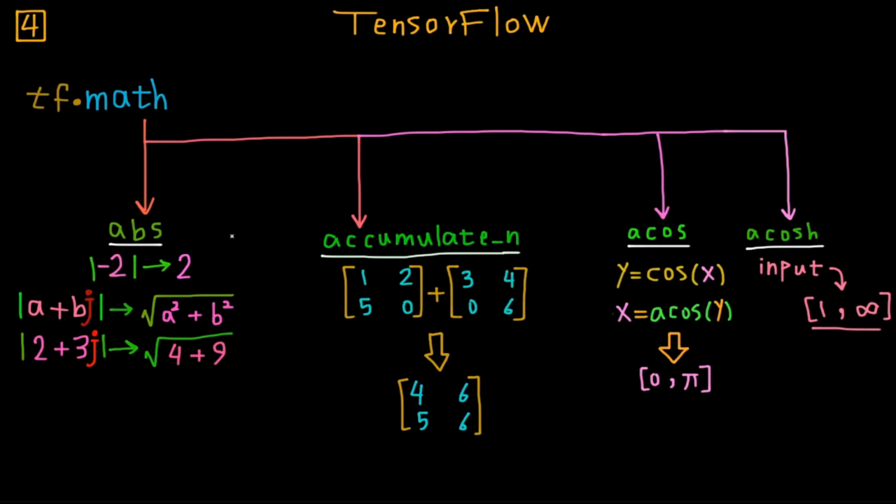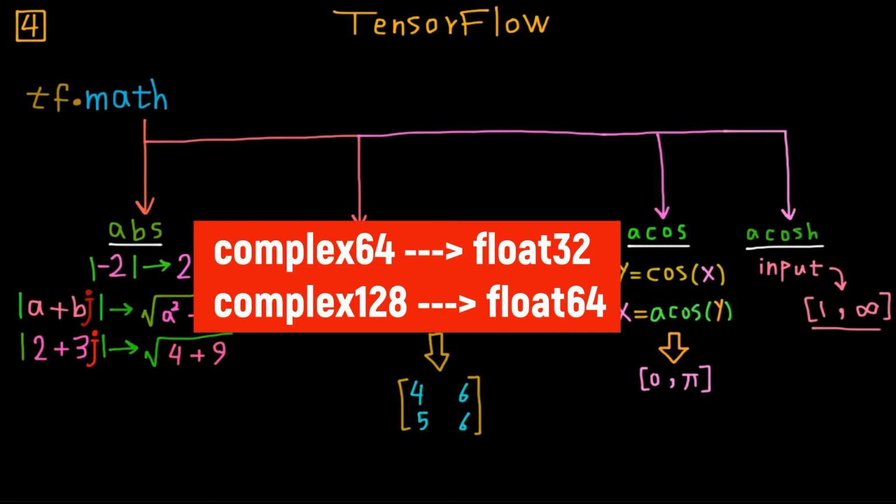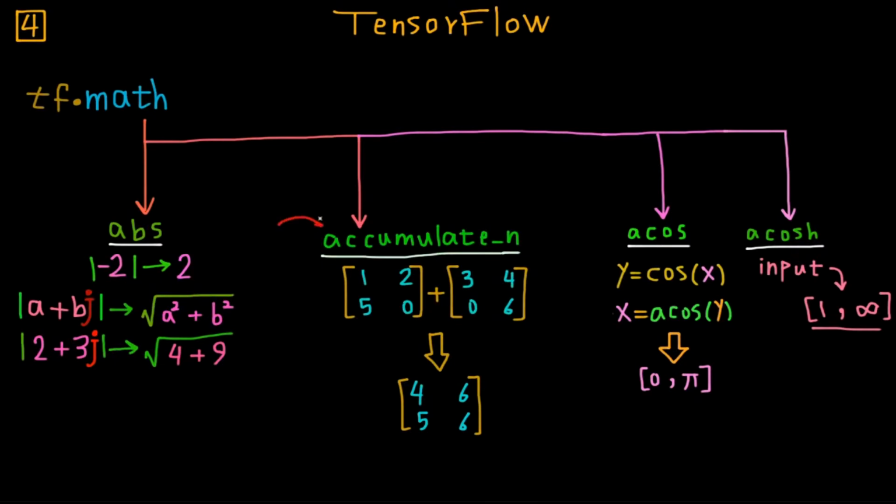The absolute function returns a tensor or sparse tensor of the same size, type, and sparsity as x with absolute values. Note, for complex 64 or complex 128 input, the returned tensor will be of type float 32 or float 64 respectively.